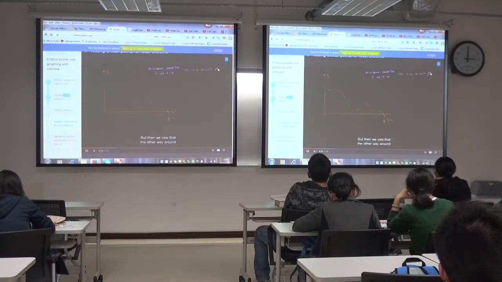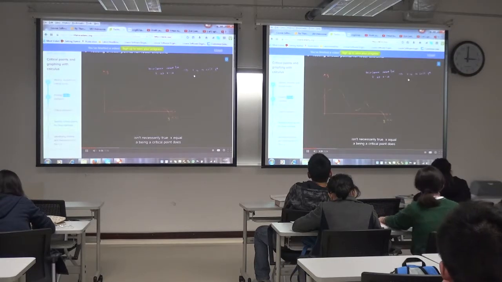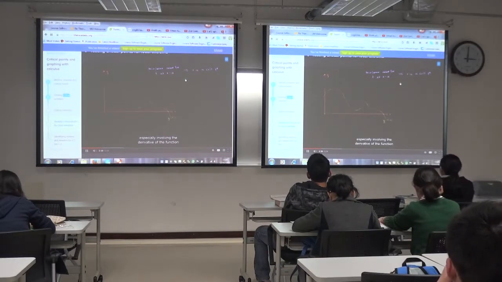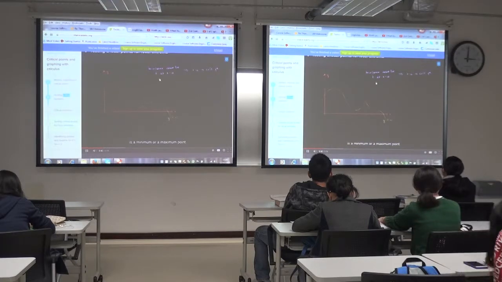But then we saw that the other way around isn't necessarily true. X equals a being a critical point does not necessarily mean that the function takes on a minimum or maximum value at that point. So what we're going to try to do in this video is come up with some criteria, especially involving the derivative of the function around x equals a, to figure out if it is a minimum or a maximum point.